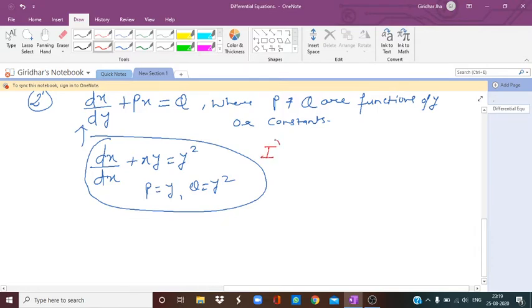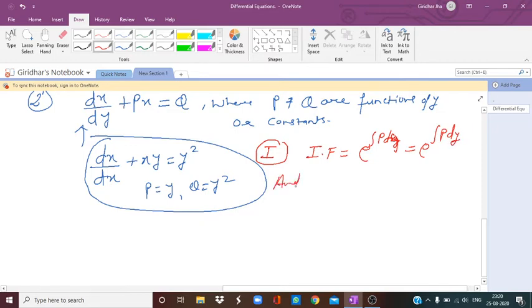First, same as in the first form, get the integrating factor. Here the integrating factor is e to the power integral p dy, because p is a function of y. This is our integrating factor.